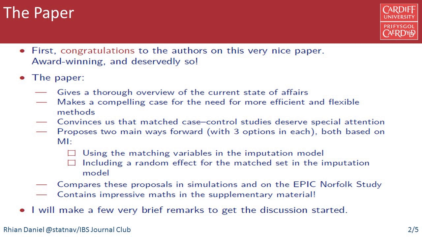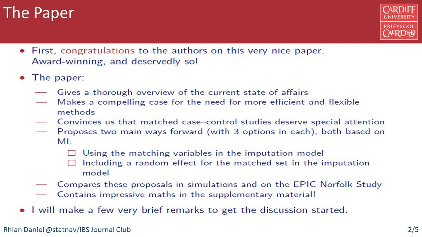And then the paper, that Sean has now summarized very nicely, proposes 2 main ways forward, and there are 3 options in each of those 2 main ways forward, obviously both based on multiple imputation.